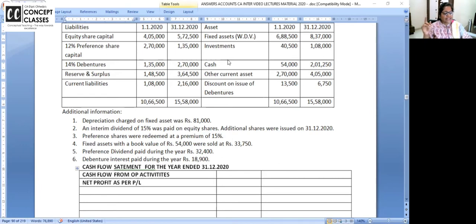So there's an increase in equity capital. Immediate indicator, are there bonus shares? No. That means money has come in. Pick up your calculator. How much? 572,500 minus 4,05,000. Right? So this much shares are issued.